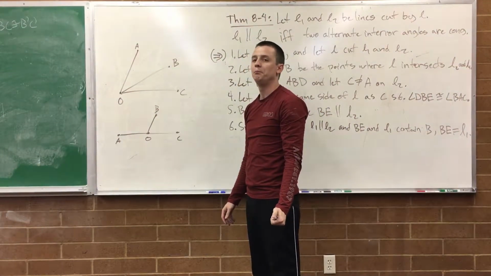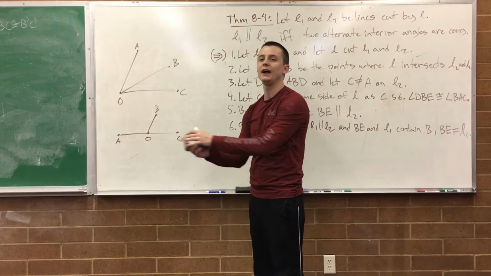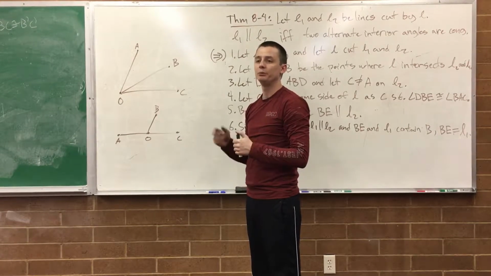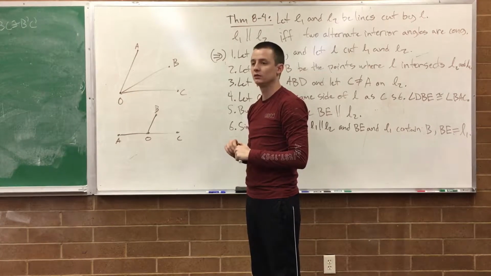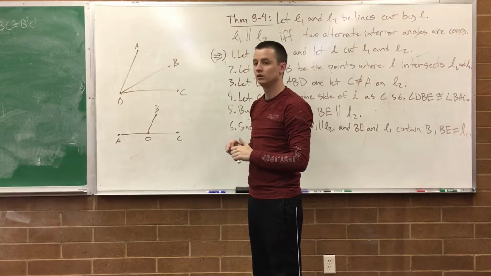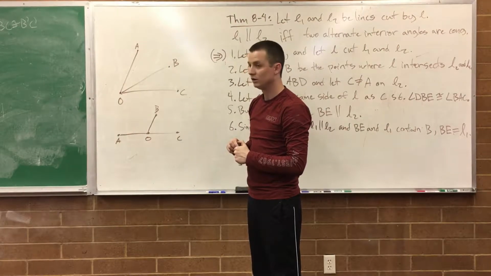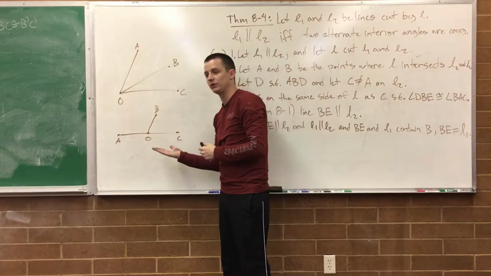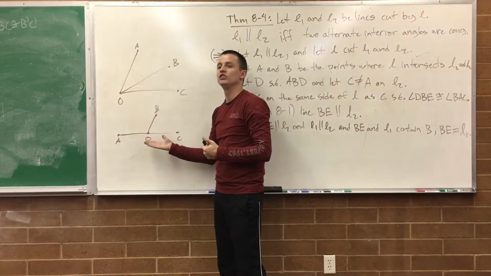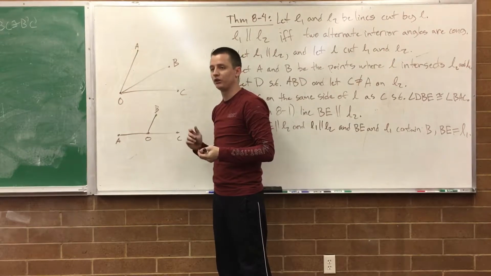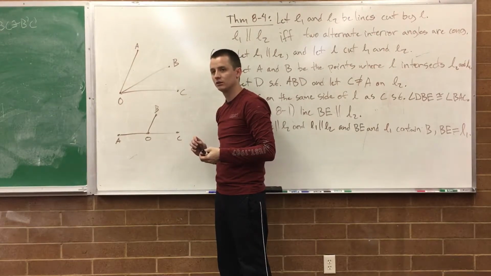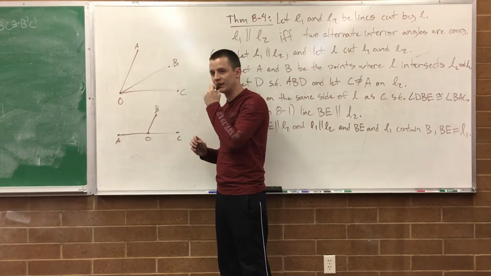What's the biggest angle we can possibly get adding angles together? What's the biggest sum of angles we can get? AOC? A straight angle is what I'm going for. We can't ever get the sum of angles to give us more than a straight angle using this definition. Does that make sense?